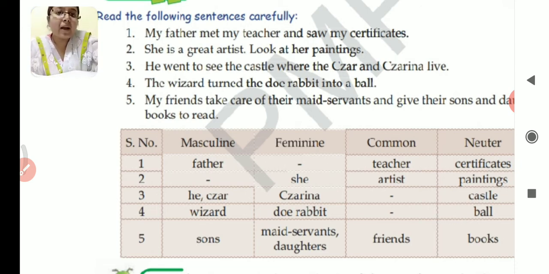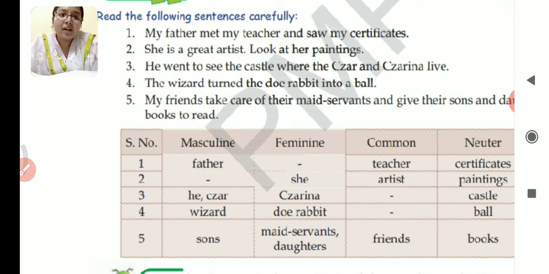For example, my father. Father is a male, so that will come under masculine. Teacher. Teacher can be male teacher as well as female teacher. So teacher will come under common gender. And saw my certificates. Certificates are non-living things, so it will come under neuter gender.